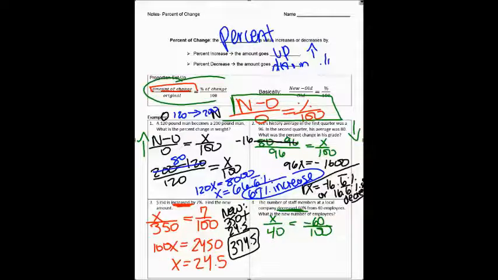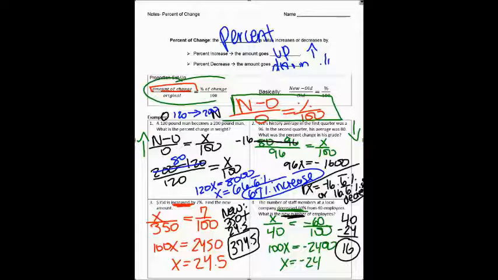When I go to solve this, I get 100x equals negative 2400. Divide by 100, we get negative 24. That's the amount of change. The original is 40, so now we just put these together. We're decreasing, so it's 40 minus 24, which will give us 16. 16 is the new number of employees. Okay? So those are probably the easier ways to do it.